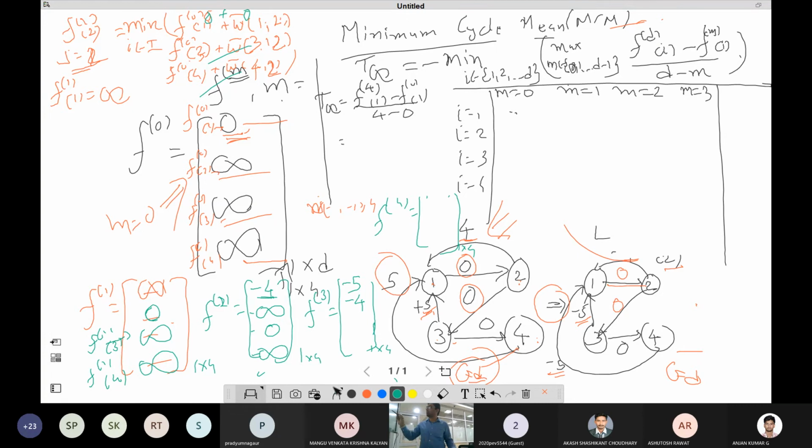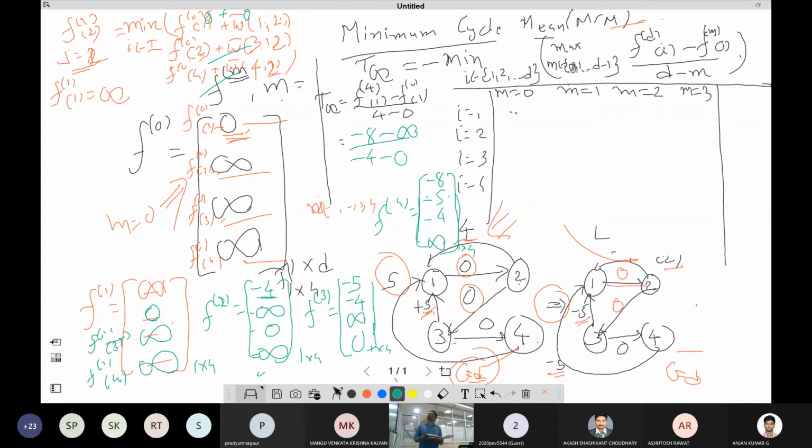Minus 5, minus 4, infinite, 0. What is f of 4? Very good. Minus 8, minus 5, minus 4, and infinity. So you require all these vectors. Now f of 4, 1 is minus 8. f of 0, 1 is infinite. Divided by minus 4 minus 0.